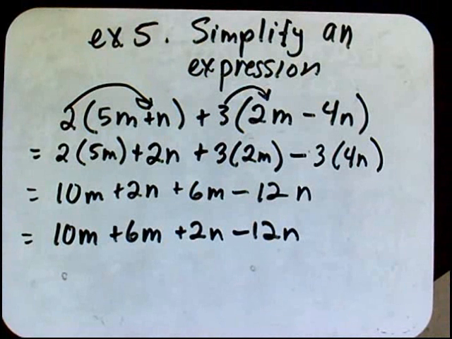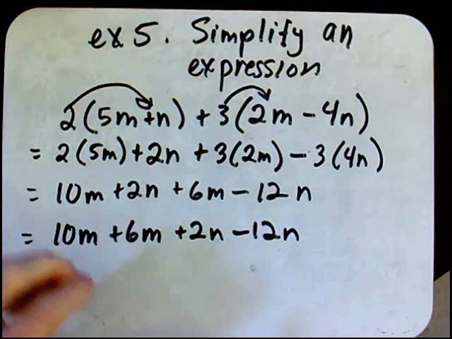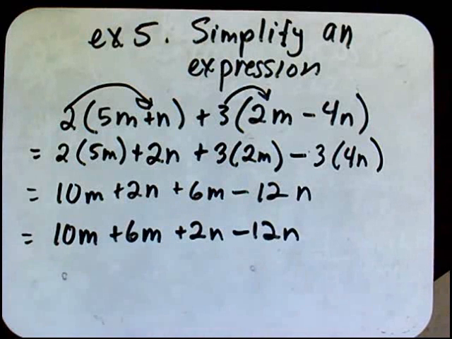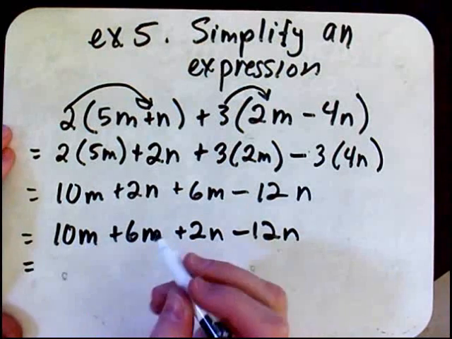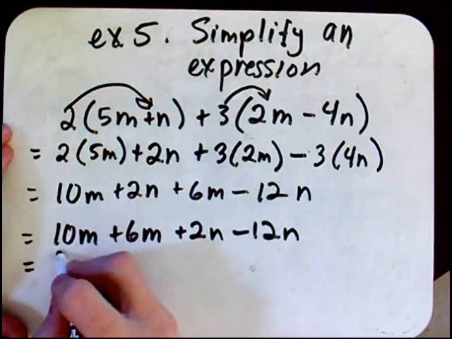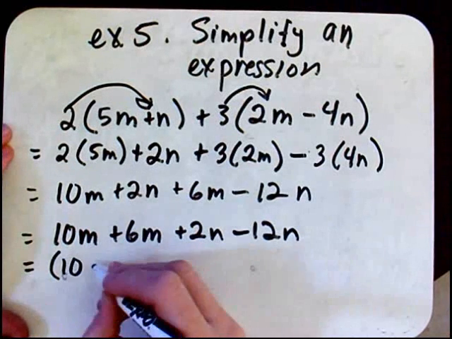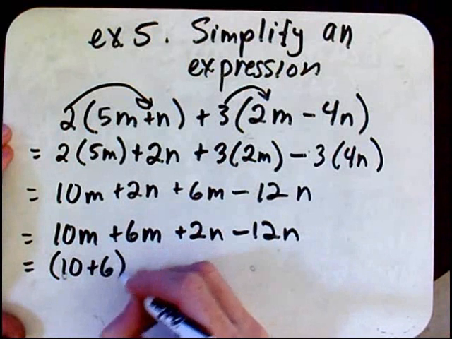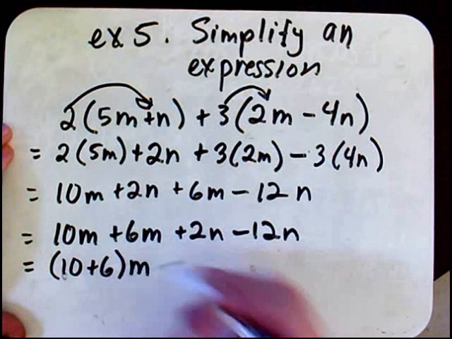Okay, but this time, instead of just adding this, we're going to use the distributive property. So we have a 10m plus a 6m, and we can kind of pull this apart. So we'll look at this like this. We'll have open parentheses 10 plus 6 close parentheses with an m on the outside.